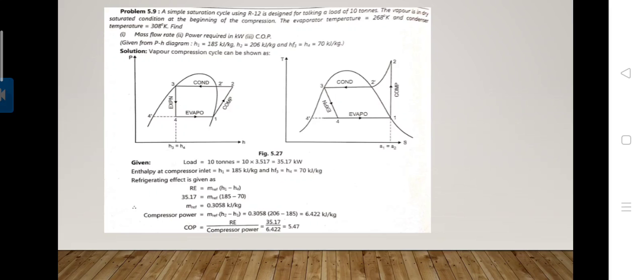So what happens when dry saturated vapor at point 1 enters the compressor? The compression process is isentropic, which increases the pressure from evaporator pressure to condenser pressure, and at point 2, superheated vapor enters the condenser, where heat is rejected.